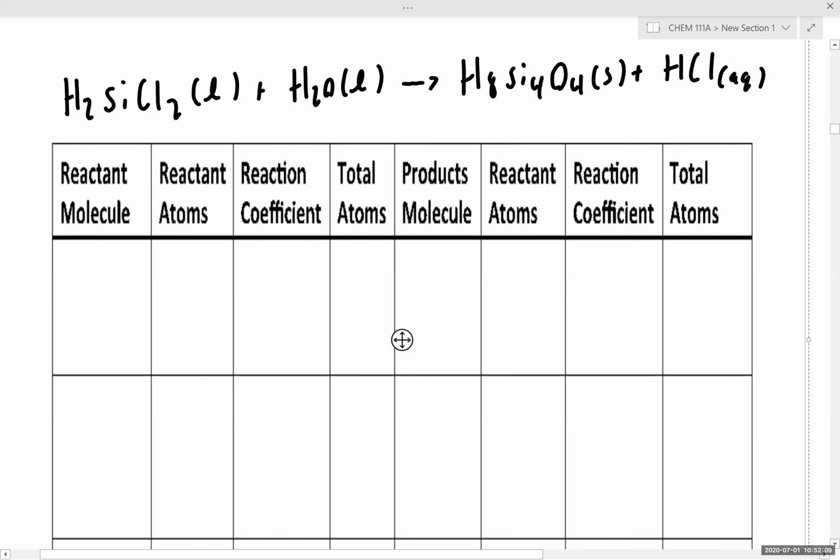Okay, so let's discuss this example. I'm going to use the table method just because we have a table convenient, and I always like showing off these processes. So in the following compound, we have 2 hydrogens, 1 silicon, and 2 chlorines.